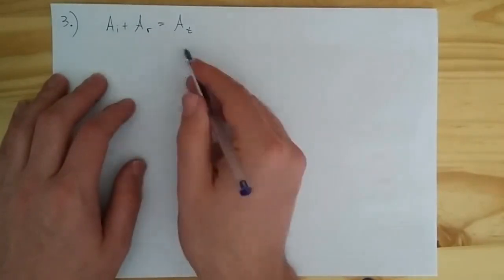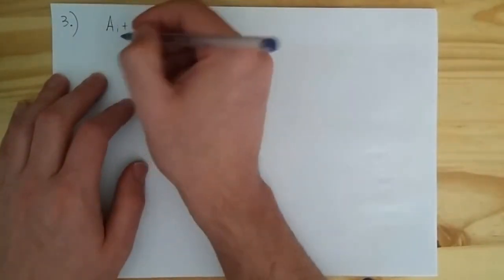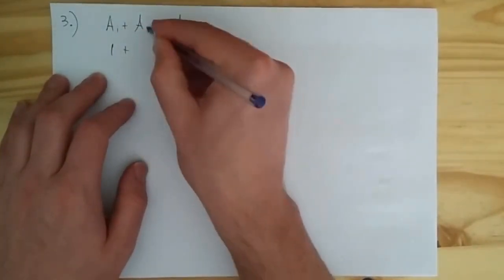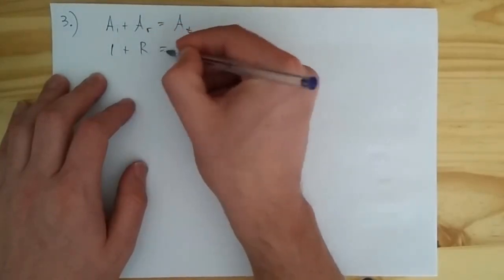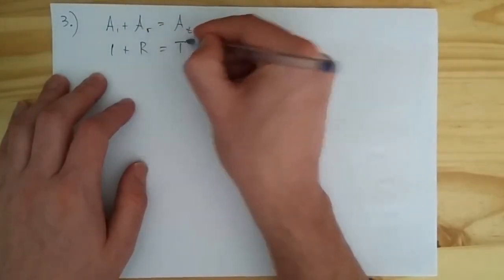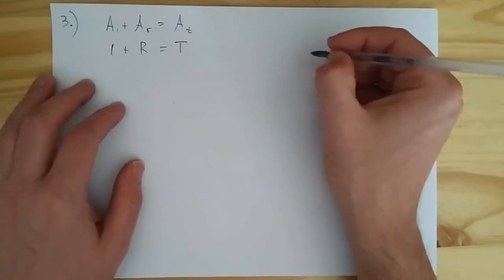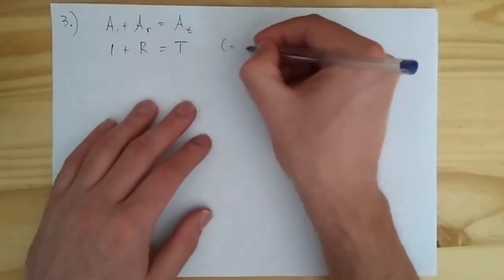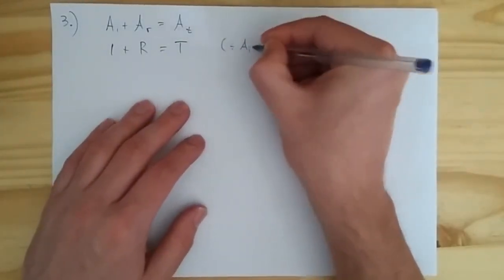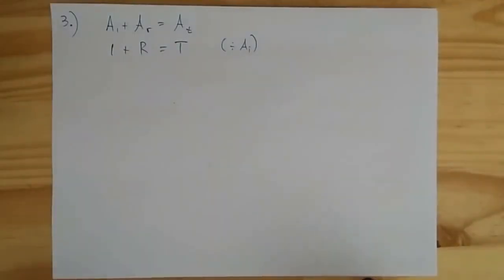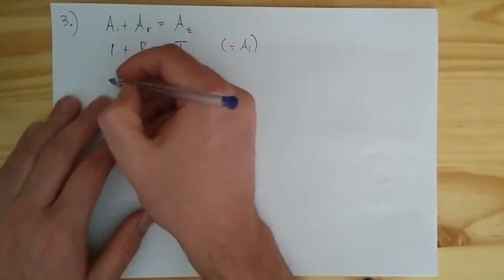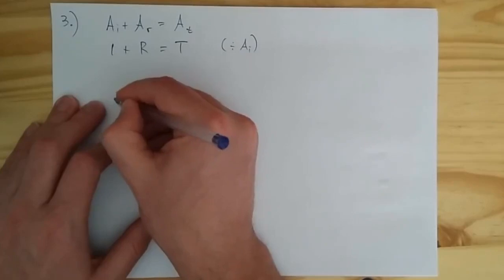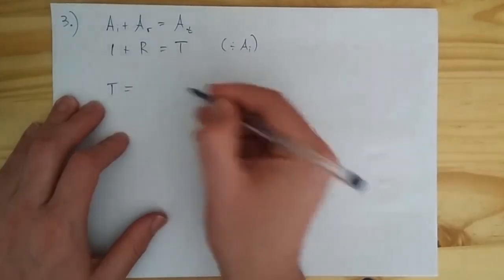So if I divide everywhere by ai, what do I get? Then I get 1 plus the reflection coefficient is equal to the transmission coefficient, simply by dividing on both sides by ai, incident. Okay, and now from that you can easily find that t is therefore equal to 1 plus r.